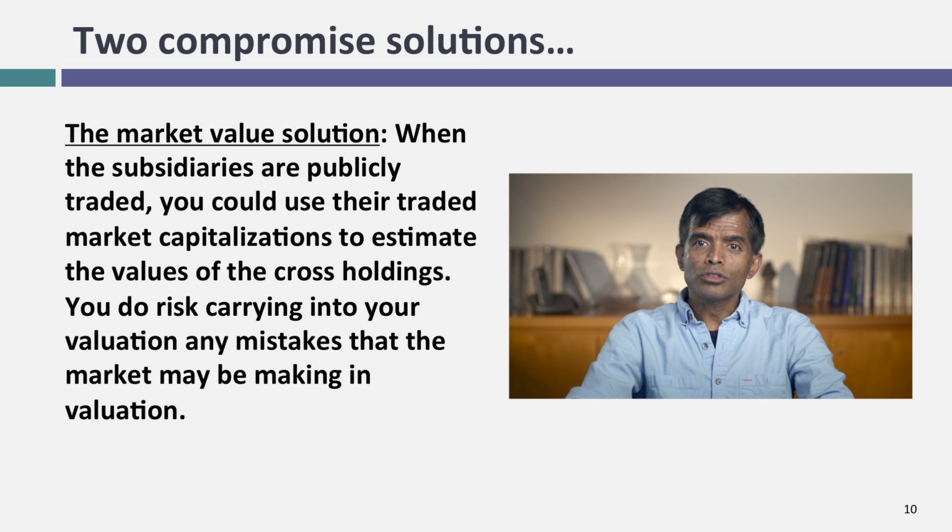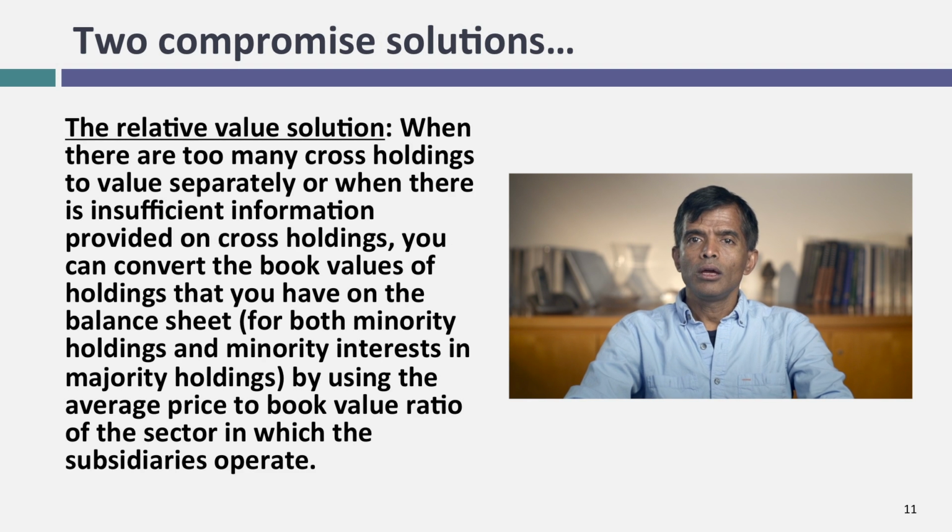If your cross-holding is in a private business, here's the approximation you can use. If you know what sector your cross-holding is in and you know the book value of the cross-holding, you can apply a multiple to that cross-holding. Based on what? Let's take an example. Let's suppose you have a cross-holding in a chemical company and that cross-holding has a book value of 100 million. Let's suppose I was able to tell you that a typical chemical company trades at 1.5 times book value.